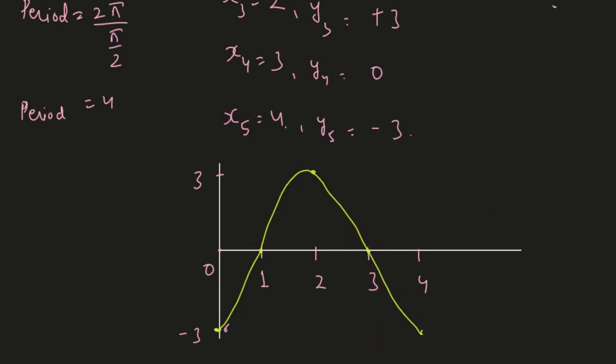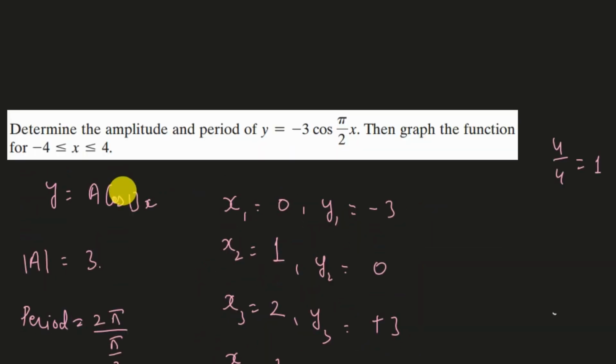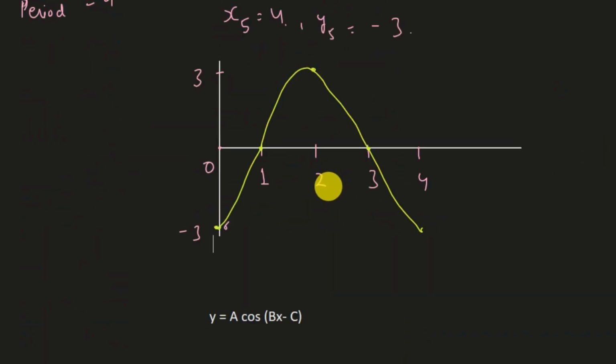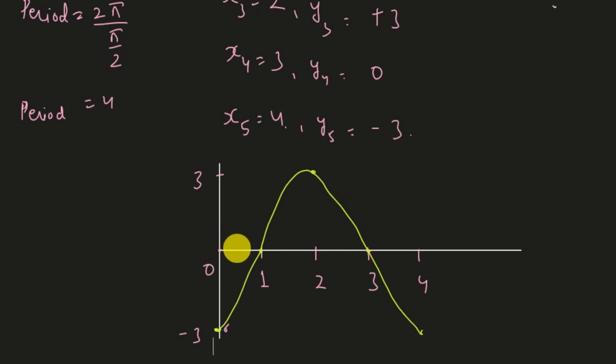Now our aim was to sketch between minus 4 to 4. So we have sketched between 0 to 4. So I can do it like this. I can extend the curve in the negative x direction, right? Minus 1, minus 2, minus 3, and then minus 4. This is minus 4 here. Just repeat the curve.